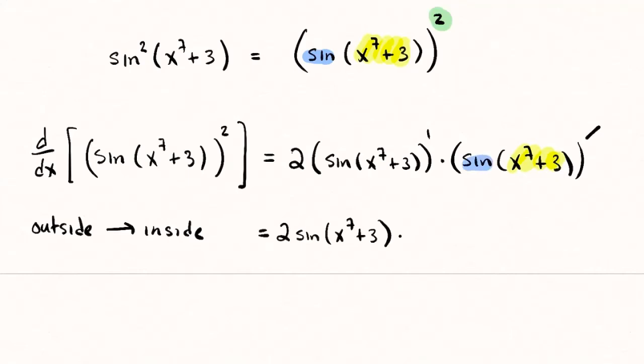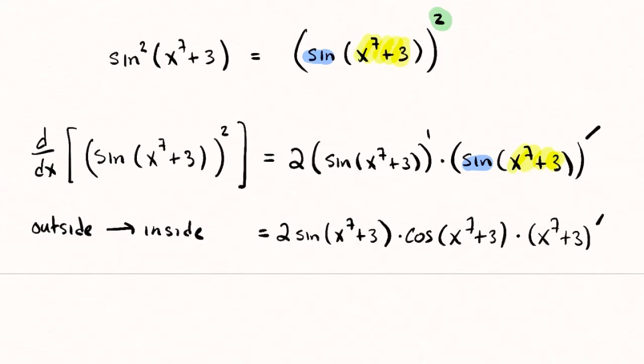So when we go to differentiate that thing, we have to use the chain rule again. So the derivative of the outside function is cosine. The derivative of sine is cosine. And we're going to evaluate it exactly at the same input, x to the 7 plus 3. And then we have to finish that by multiplying by the derivative of x to the 7th plus 3.